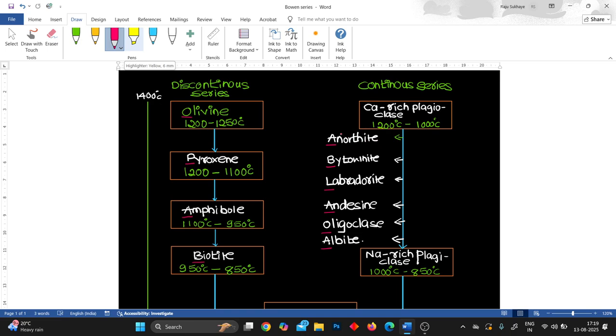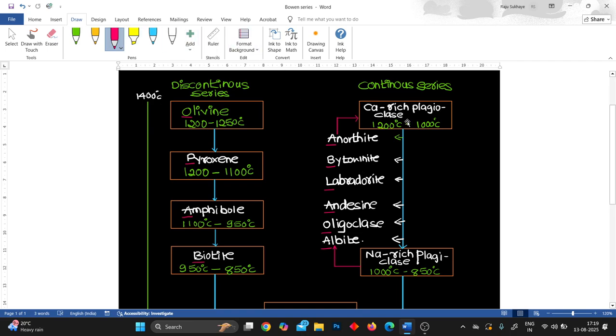So this anorthite should actually come here. That is nothing but 100% calcium rich plagioclase, and wherever the plagioclase consists of 100% sodium, we call it albite. So these are the minerals that form between calcium rich plagioclase and sodium rich plagioclase.